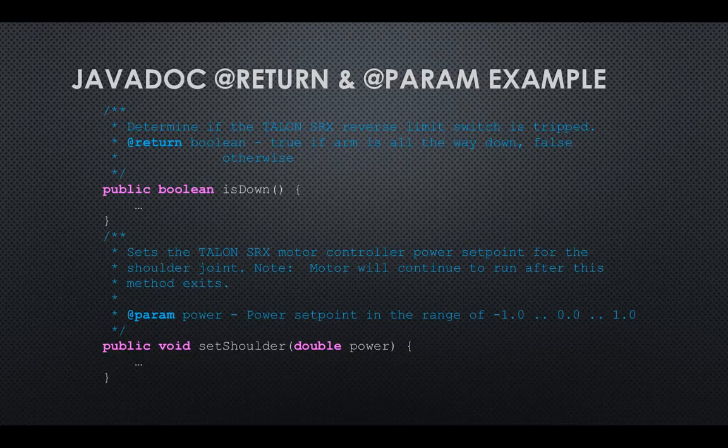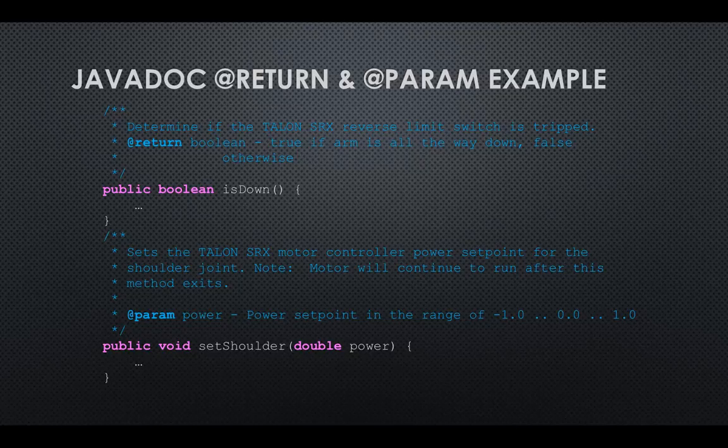It's pretty straightforward to write the Javadoc in your methods as you're writing the methods. More correctly, write the Javadoc before you write your methods. Many of the Java IDEs will create the Javadoc for you. So for example, if I put in public boolean isDown, open curly brace, and hit enter, a lot of Java IDEs will automatically put in the closed curly brace.